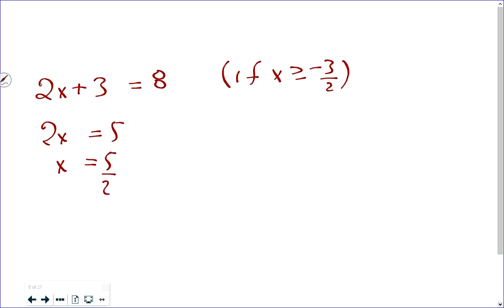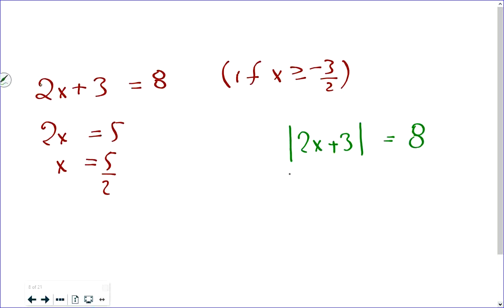Let's check to see if it works in the original equation. The original equation was the absolute value of 2x plus 3 has to equal, what did we say? 8?